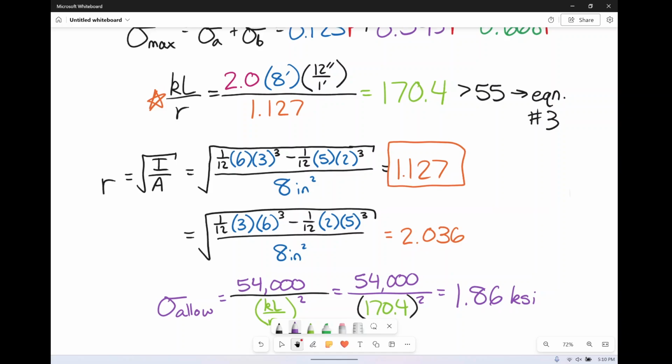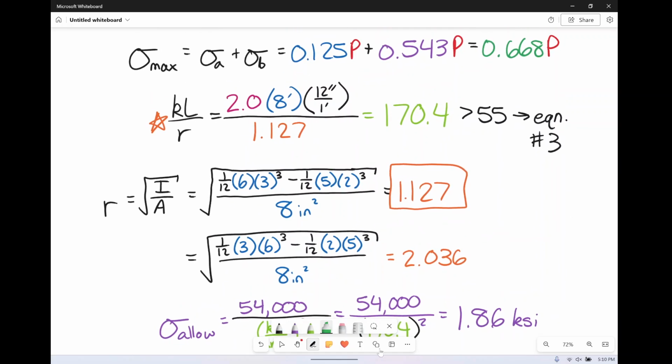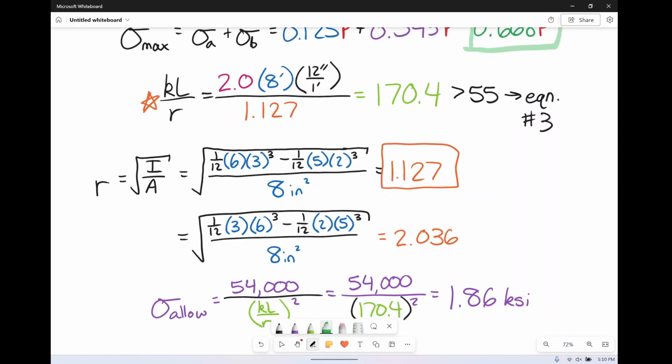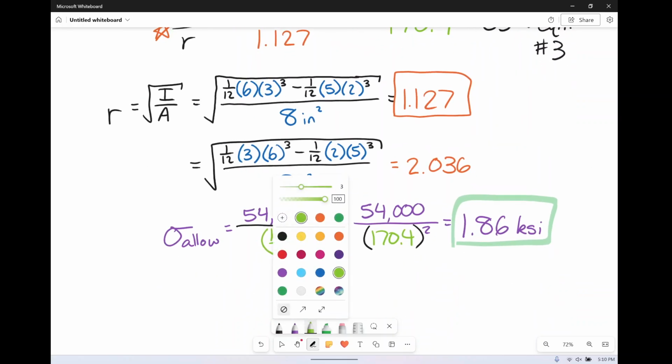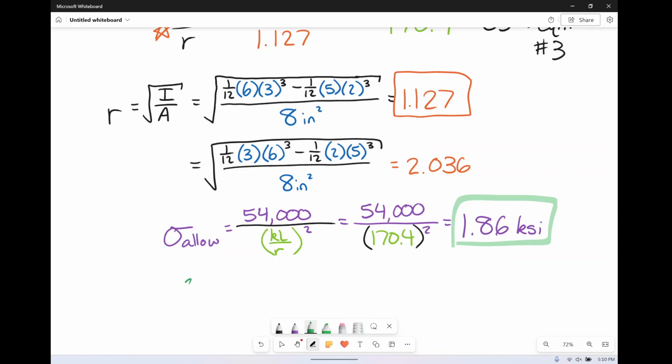Well, we have a sigma maximum right here, our 0.668p, and we have an allowable, and we set those two equal to each other. So we have 0.668 times p, set equal to our allowable, which was 1.86 KSI.